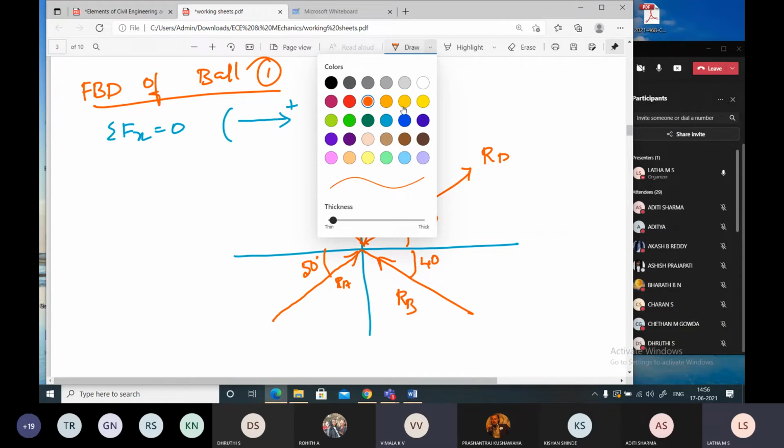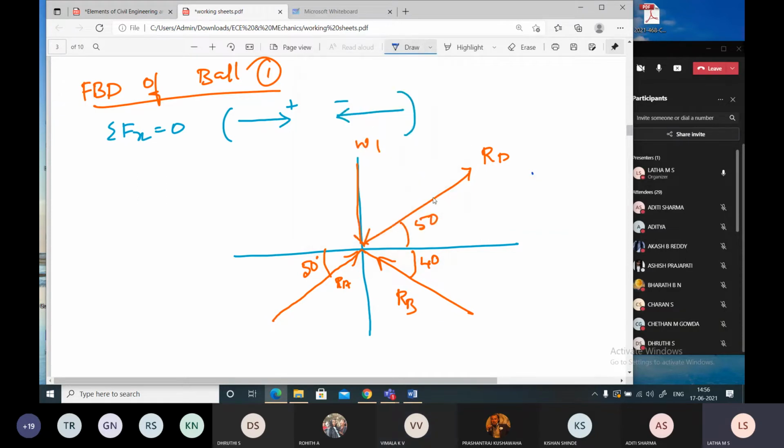Now resolve each force. Correct. So how will this RA be? RA is moving up because the direction of RA is this direction. So on resolution it will be RA cos 50. Write down very neatly, students.